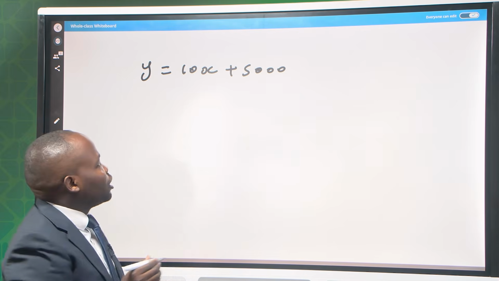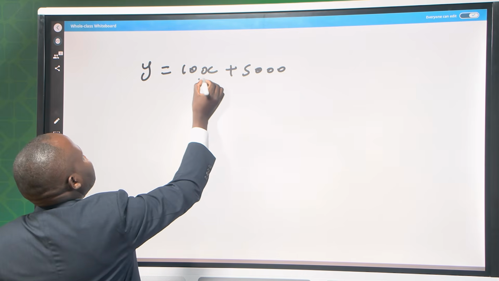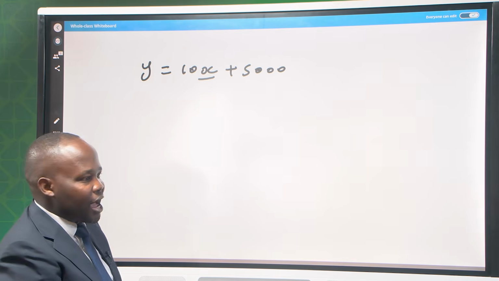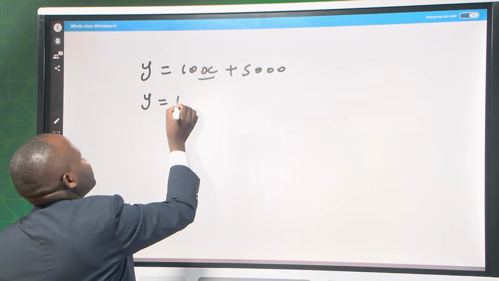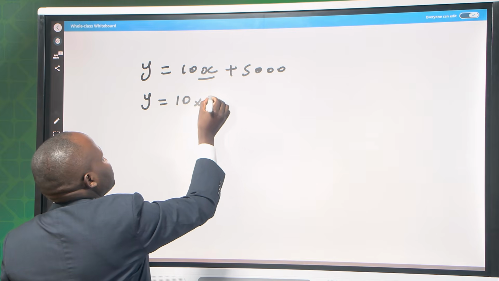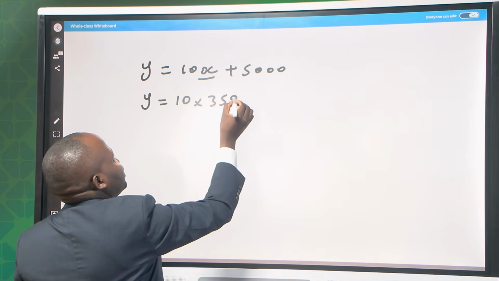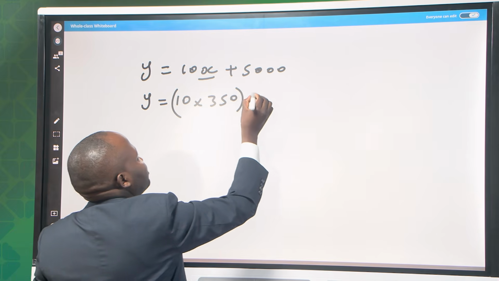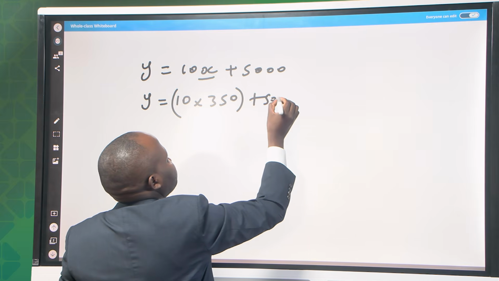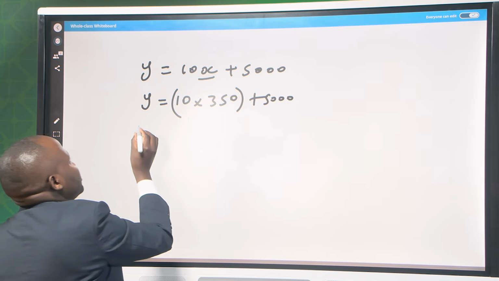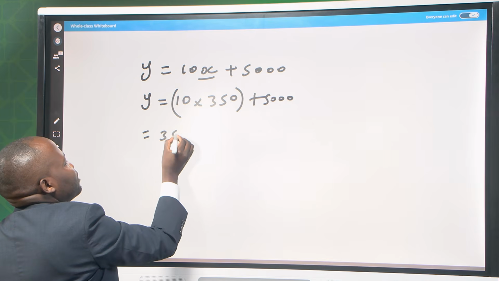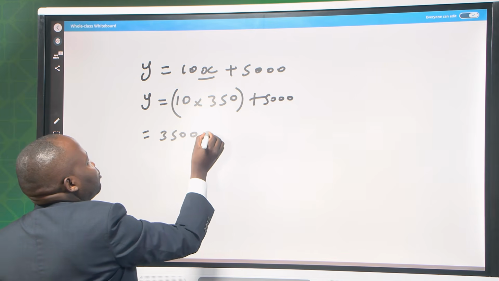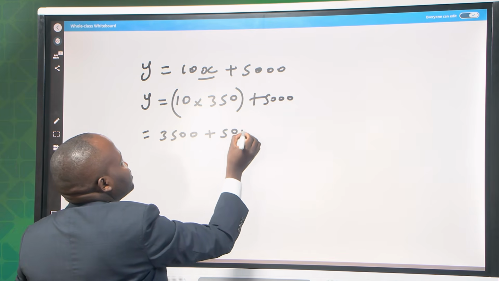So when producing 350 units, you just replace this x with 350. That will therefore give you y is 10 times 350, and then you add 5,000. So this gives you 3,500 plus 5,000.